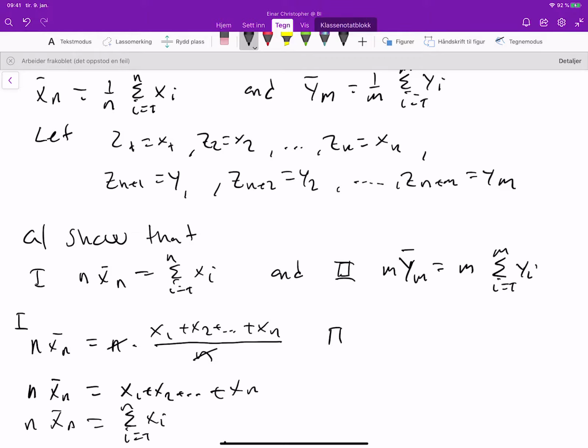So let's do the second one, which is totally equal.